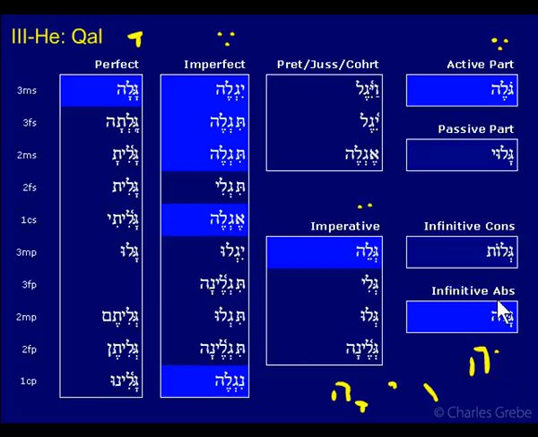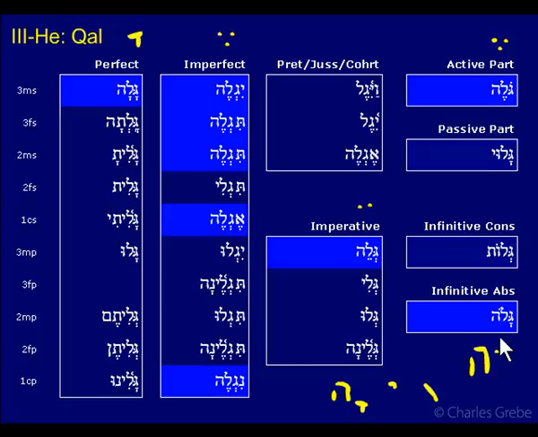Now down here with the infinitive absolute, it's not surprising that we have a holem, is it? Because the holem is the marker of the infinitive absolute for the first, is it 3 or 4 binyanim? 4 binyanim. If you look at your strong verb table, at the very bottom, at the infinitive absolute, you'll see that the Kal, the Nifal, the Piel, and the Pual all have holem or holem vav as the marker of the infinitive absolute.